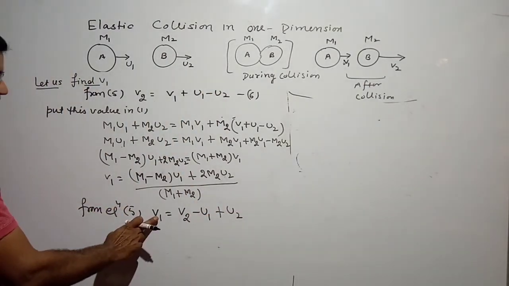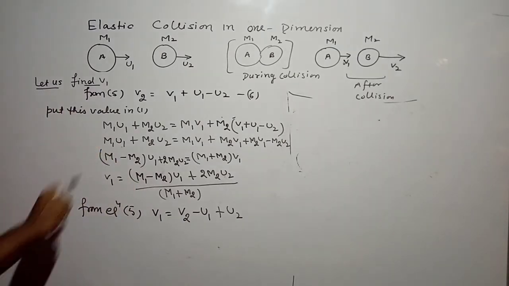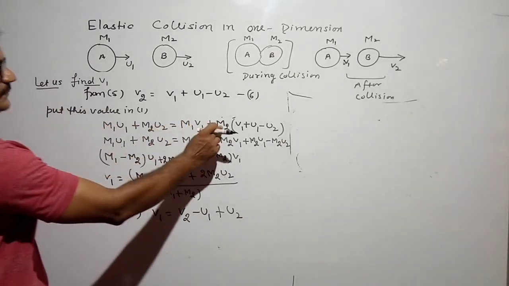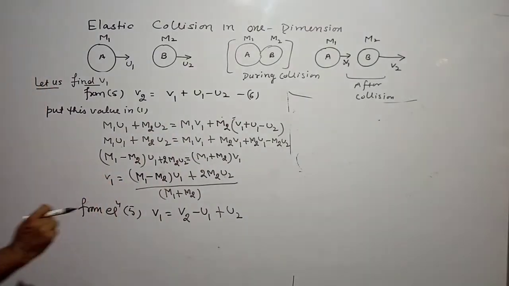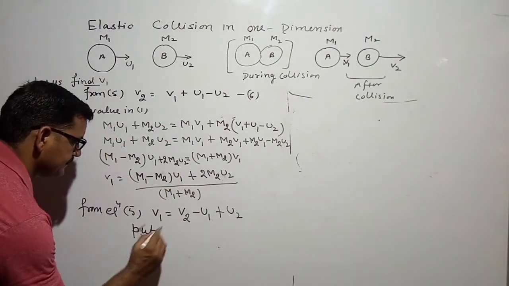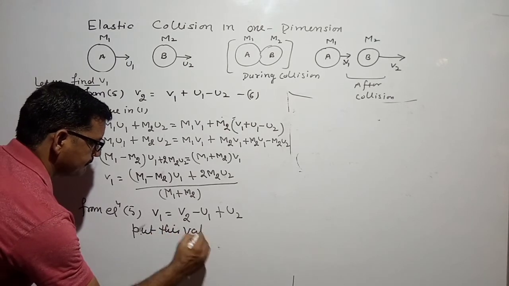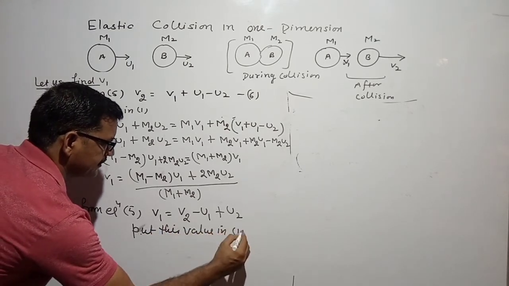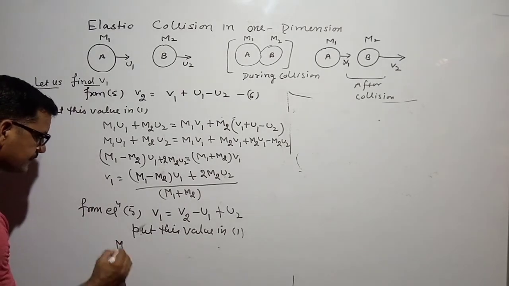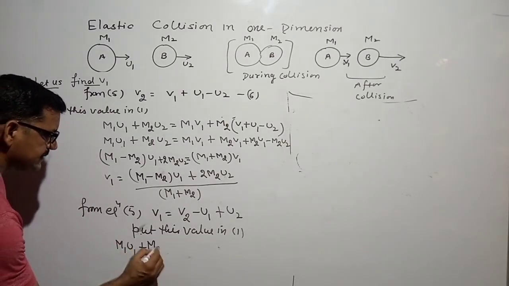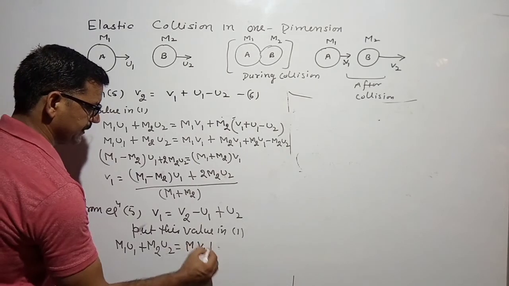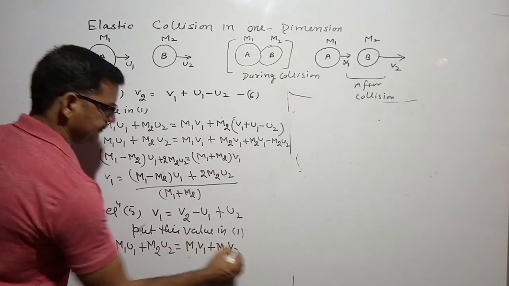So now put this value of v1 in equation number 1. Equation number 1 was m1 u1 plus m2 u2 equal to m1 v1 plus m2 v2.